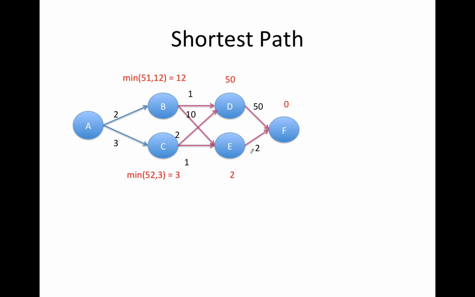So now we know for a fact that the best cost from B to F is 12 and the best cost from C to F is 3, irrespective of how you would get to B or C. So now if you would like to calculate the best cost from A to F, well, you could get from A to B in 2, and from B to F, I don't really need to worry how.